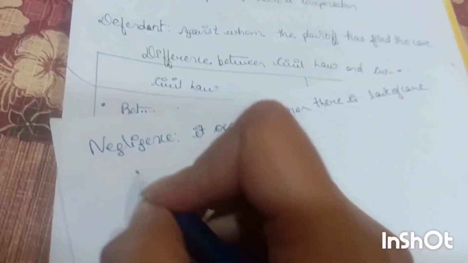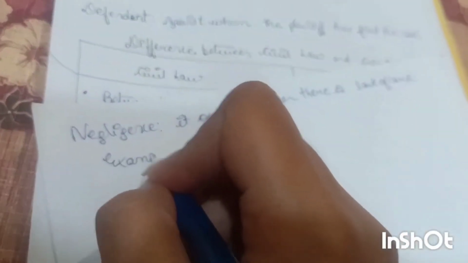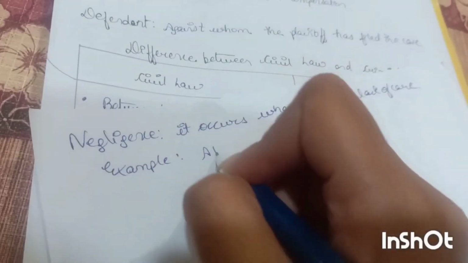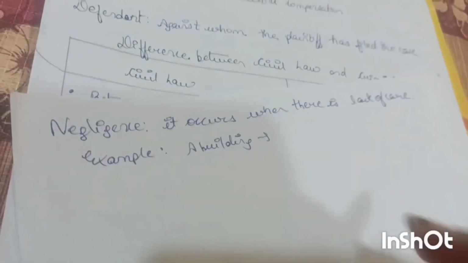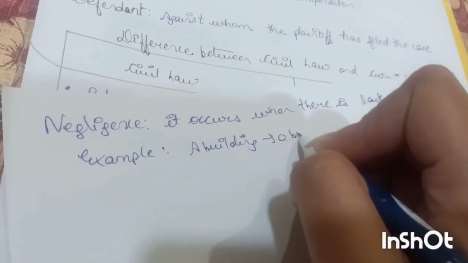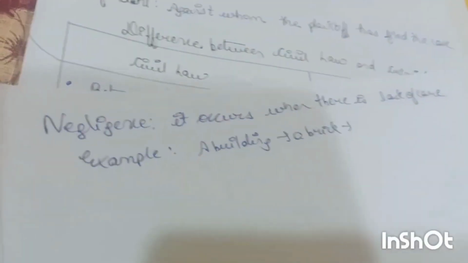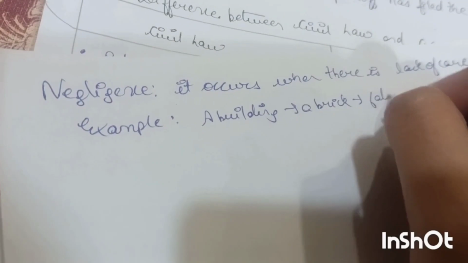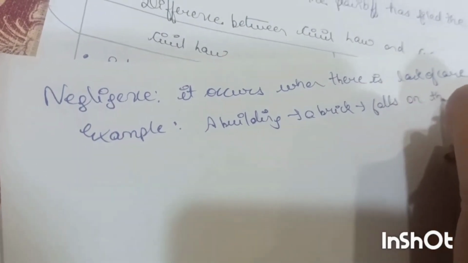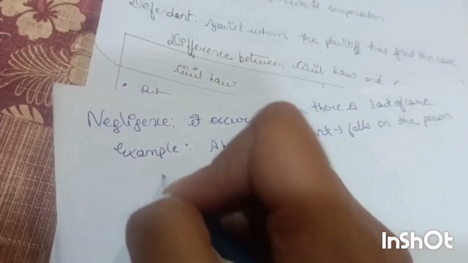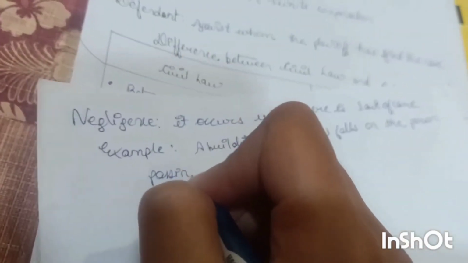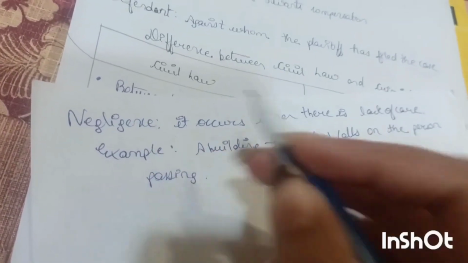Let's take an example: a building is being constructed and a brick falls on a person passing. So this is a case of negligence.